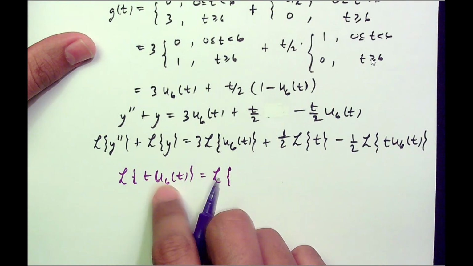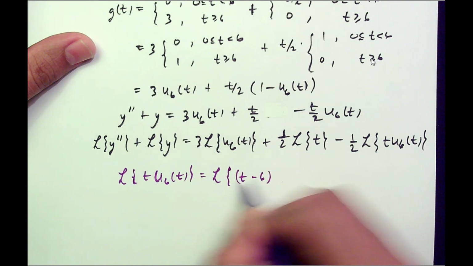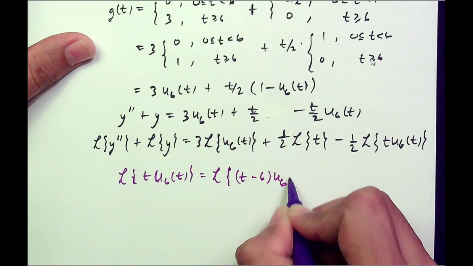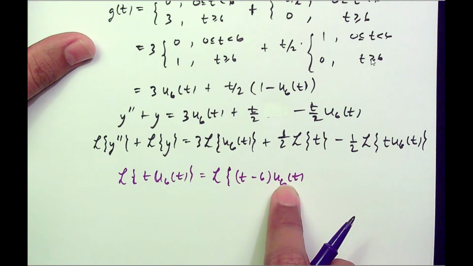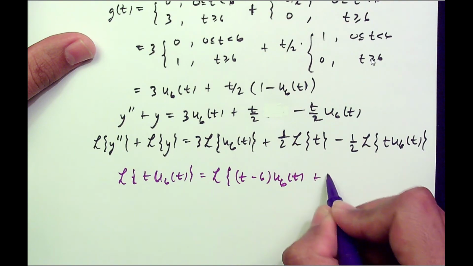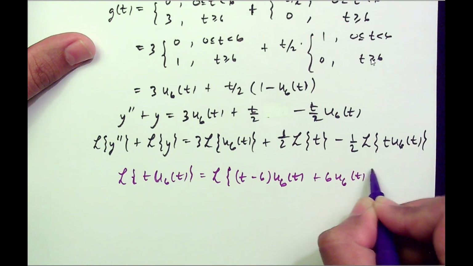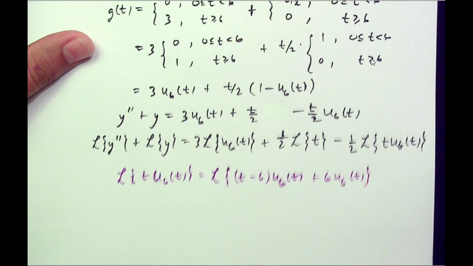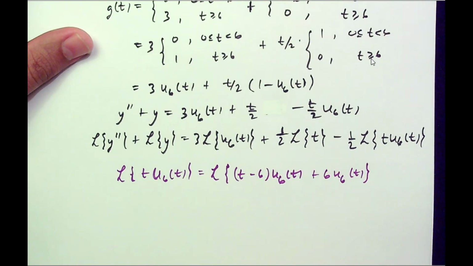Remember that those numbers need to match. So this has to be t minus 6 times u6. But then if I add a minus 6 in there, that's like adding plus 6 u6. So plus 6 u6 of t. And now you see if you distribute this, these two will cancel, you get that back. So this is correct.